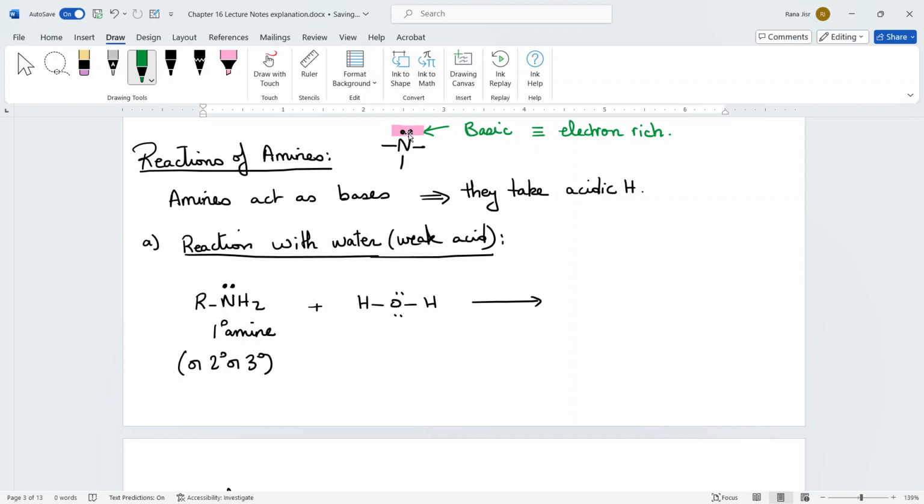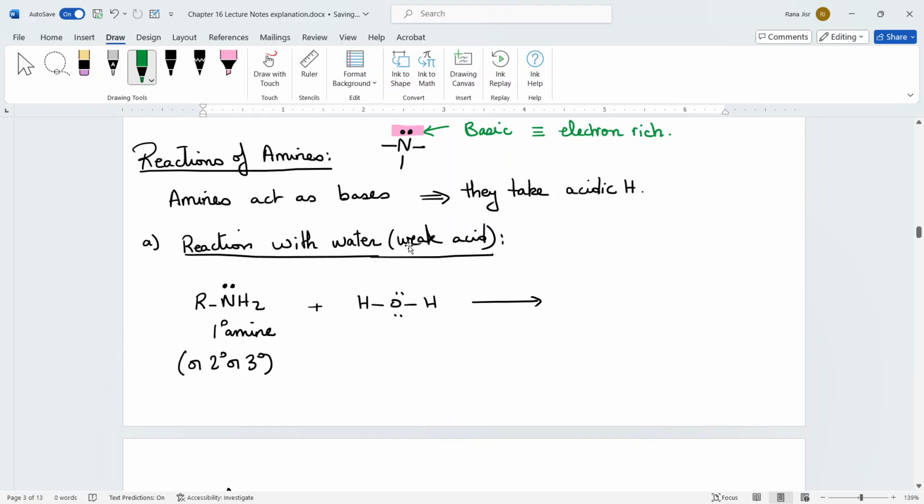Okay, so every time you see a nitrogen with a lone pair, that is going to act as a base in case you have an acid or an acidic hydrogen that is reacting with it. So the first reaction is the reaction of amines with water. Water here is acting as an acid.